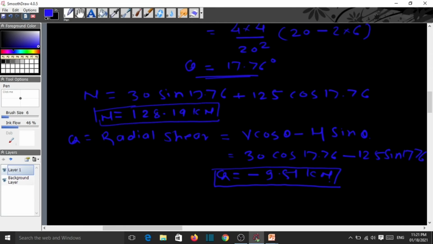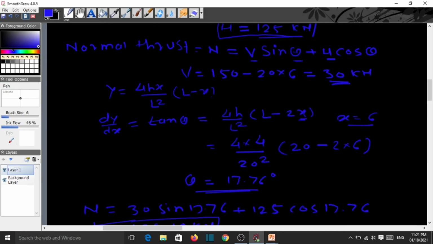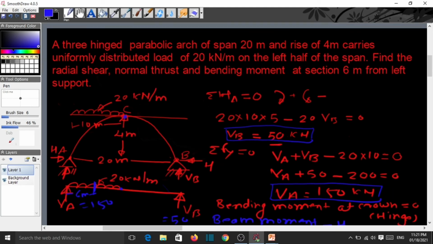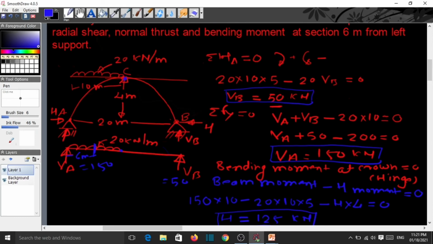And finally we want here the bending moment. Now in the problem, what is asked is again the bending moment at the section 6 meter from the left support. Now here we want the bending moment at this location at 6 meter. Now at here this is our x.